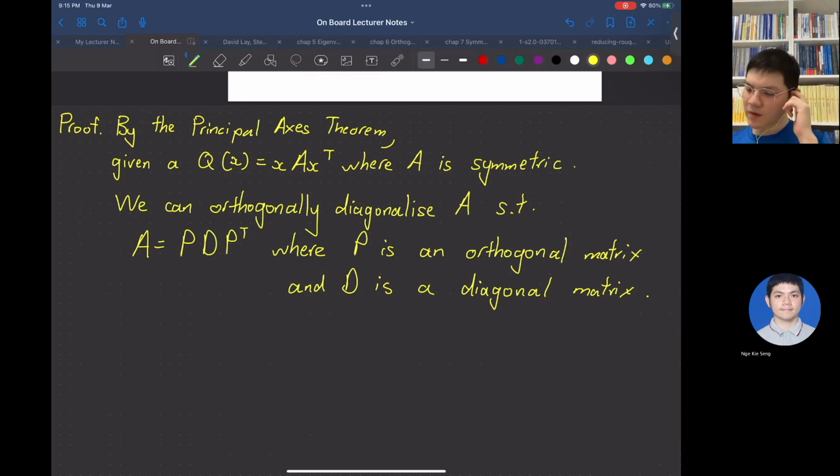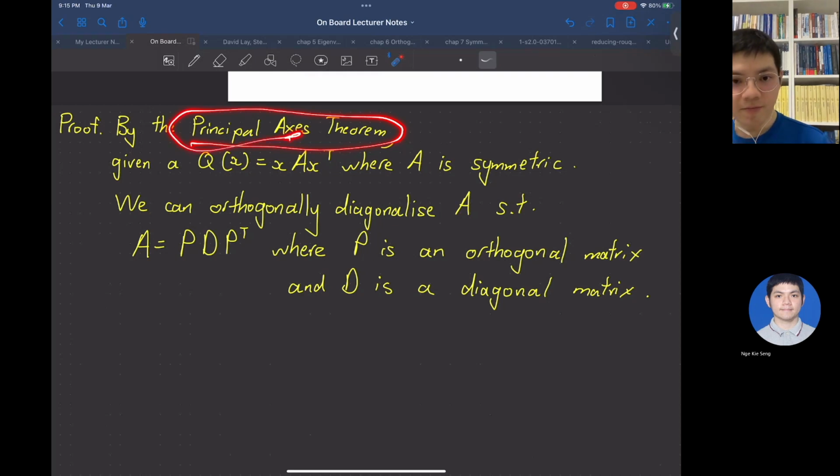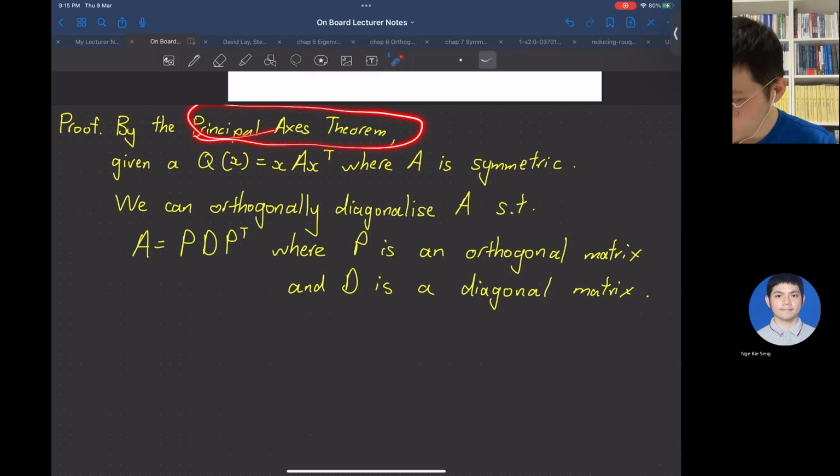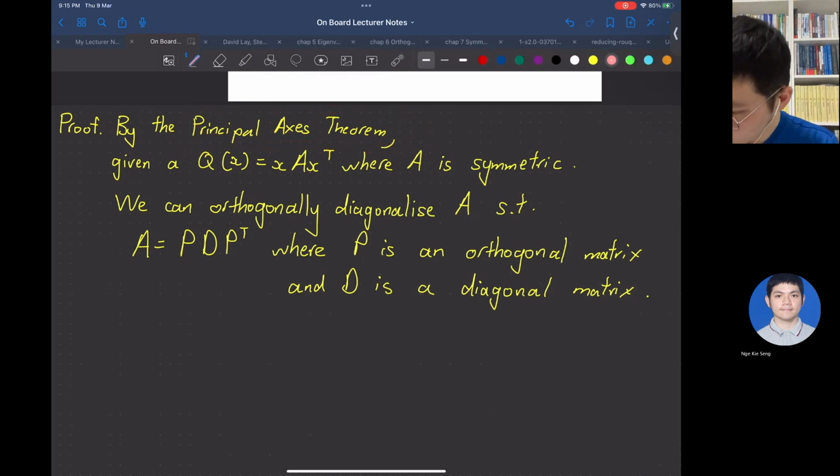All right. So really, I haven't touched on what the principal axis theorem is first, but what we know from the principal axis theorem is we can substitute A back.